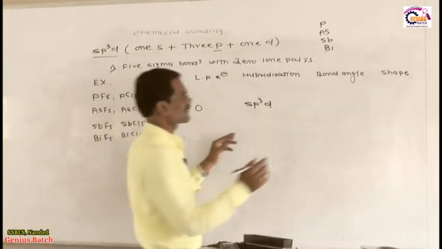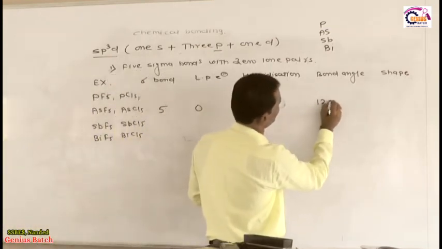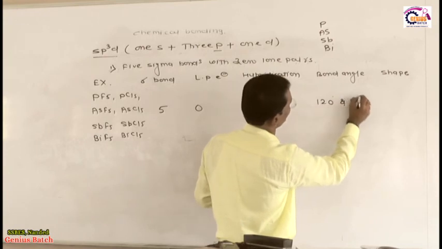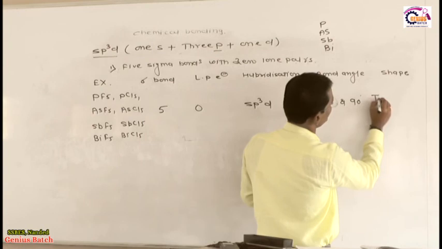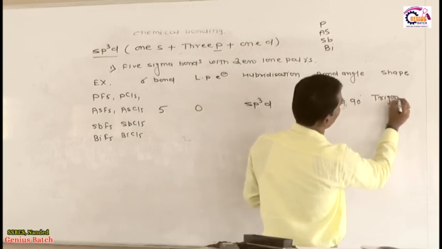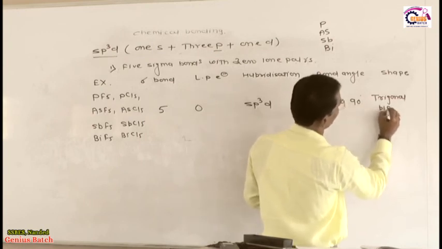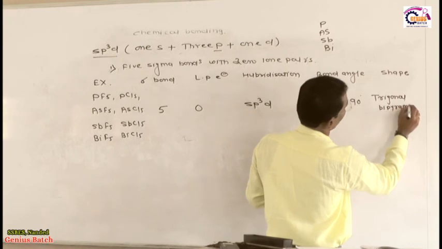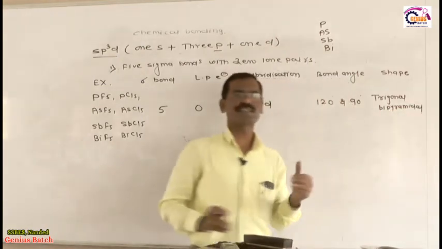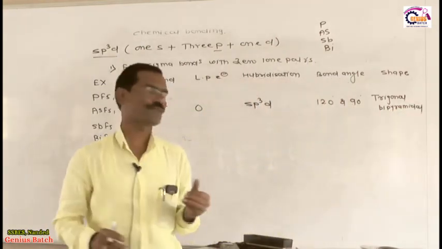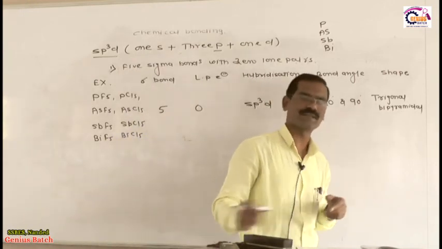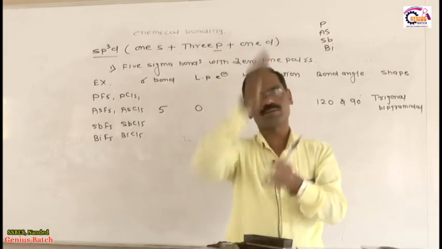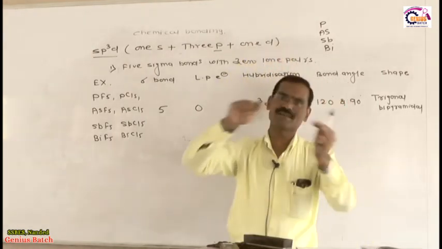If hybridization is sp3d, the bond angles are 120 degrees and 90 degrees. You know 120 and 90 because the geometry of this molecule is trigonal bipyramidal. Those molecules which have trigonal bipyramidal geometry have 2 bond angles, 120 and 90, because 3 bonds are trigonal and 2 bonds are bipyramidal, that is, axial and equatorial bonds.